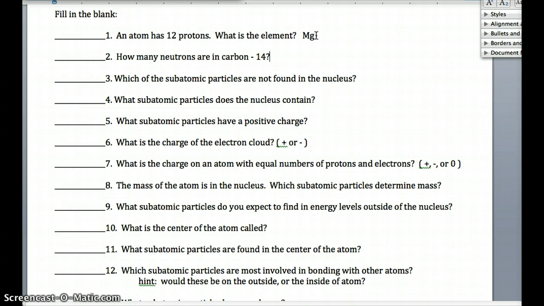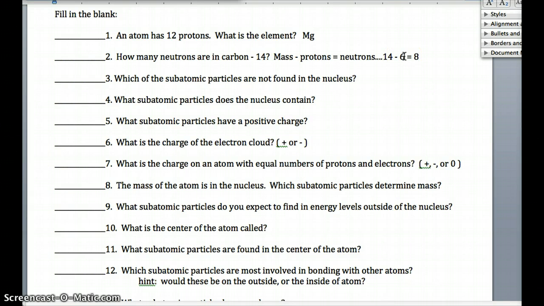Okay, how many neutrons are there in carbon-14? You'd find that by taking the mass number minus protons equals neutrons. So you'd have 14 minus 6 equals 8. You need to be sure that you understand where these numbers came from.